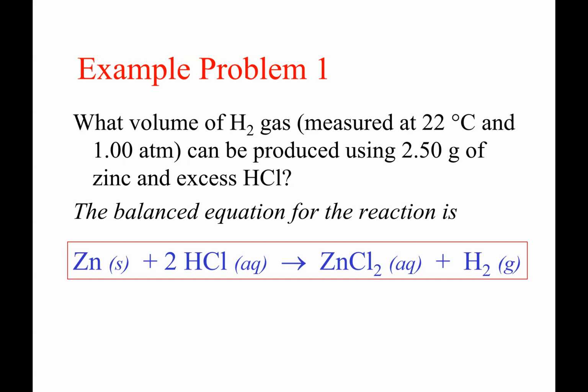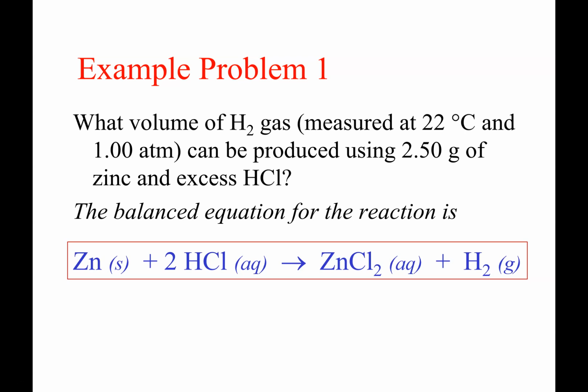I'm going to rewrite this. 1 mole of zinc, solid, plus 2 moles of HCl, aqueous, goes to form 1 mole of zinc chloride, aqueous, plus 1 mole of H2 gas.